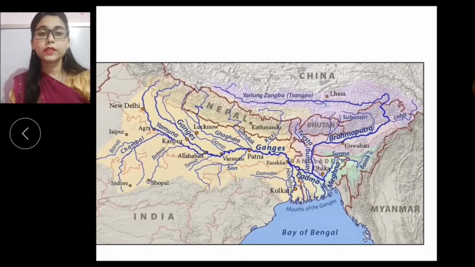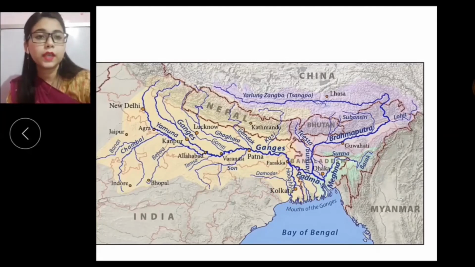Now students, first we will find where the Ganga is. Here you can see it flowing through Uttar Pradesh and Bihar. Then here the Ganga divides into many branches, Padma and Hooghly. Here you can see this is Padma and this is Hooghly.